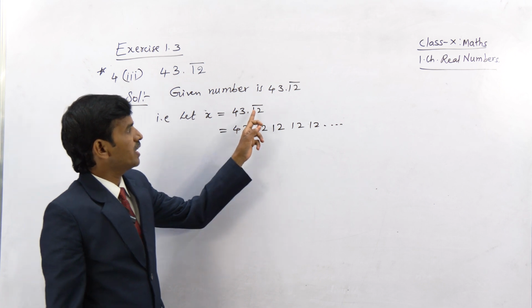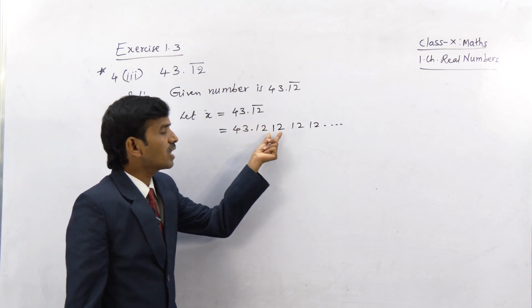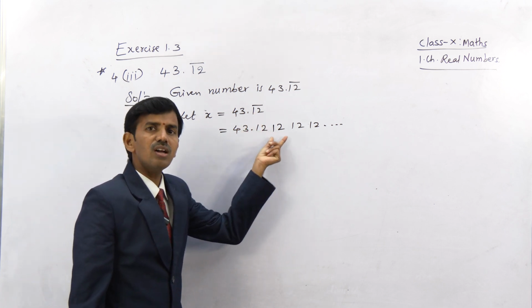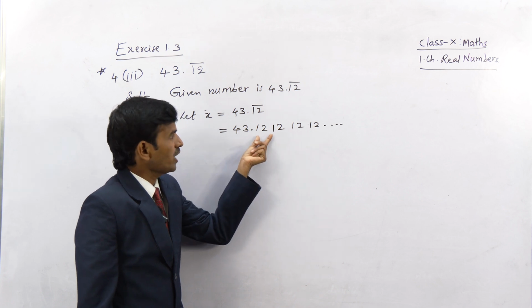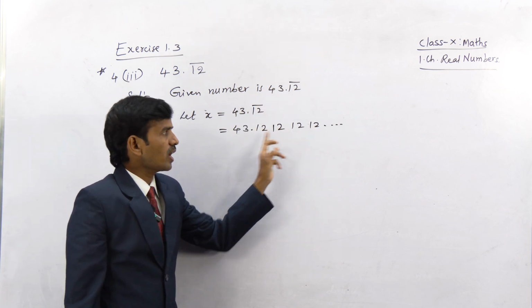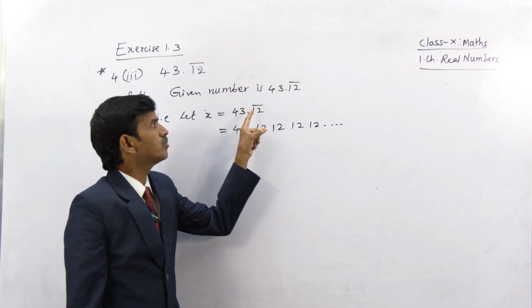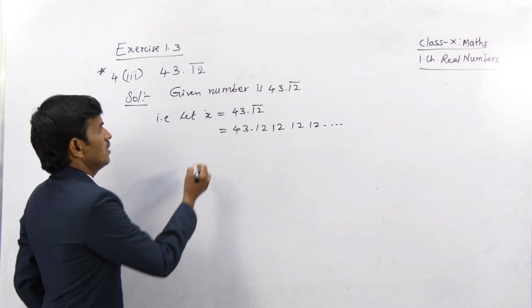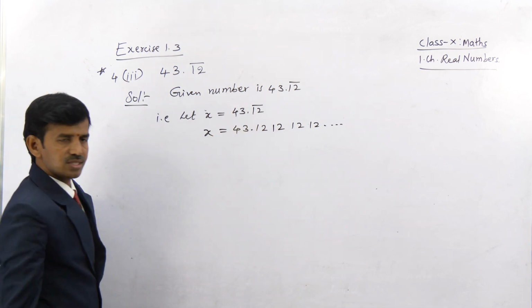The bar indicates the digits which are recurring, the digits which are repeating. If you write in the form of repetition, there is no need of the bar. If you don't want to write the repetition, you need to mention the bar. So x is equal to this.